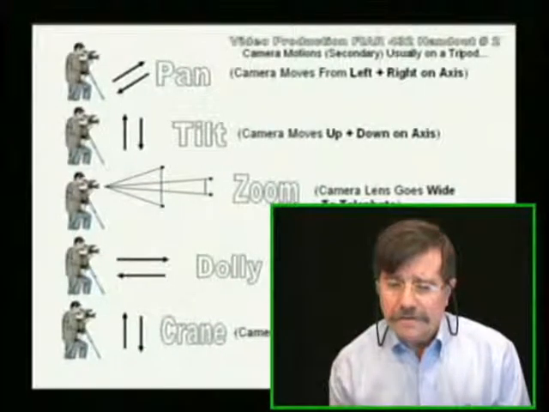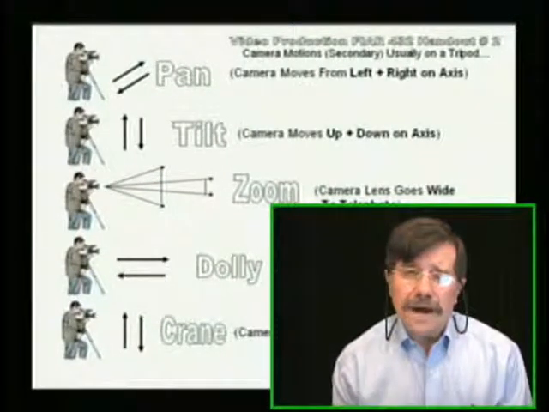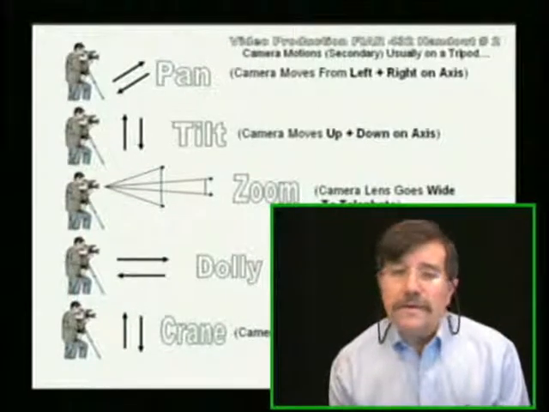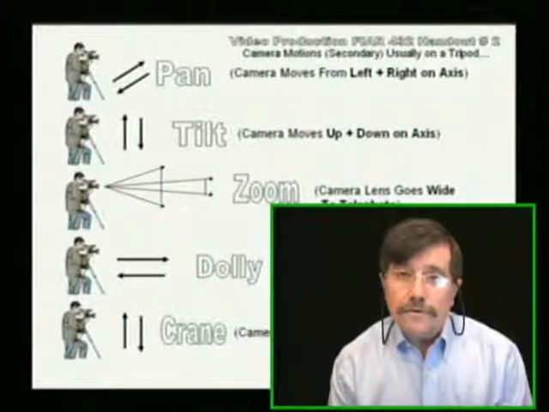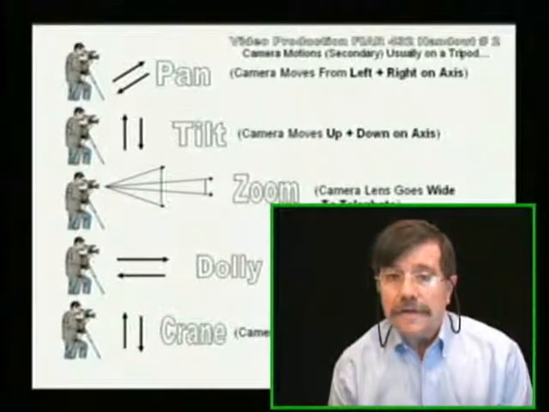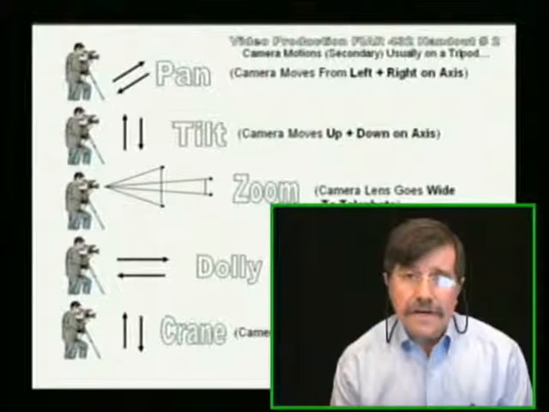I also invite you to look at the possibility of combining some of them. One of the most interesting recent techniques is the dolly zoom, where you combine dollying and zooming. The effect can be very eerie.